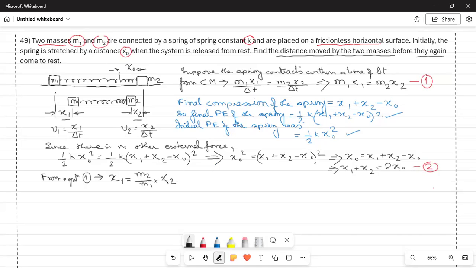Now, putting this value in equation 2, we get x1, the value put from here, M2 by M1 x2 plus x2 is equal to 2x0.